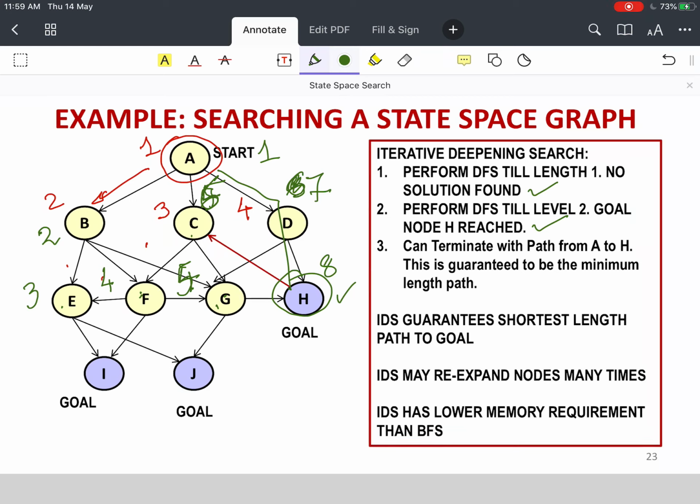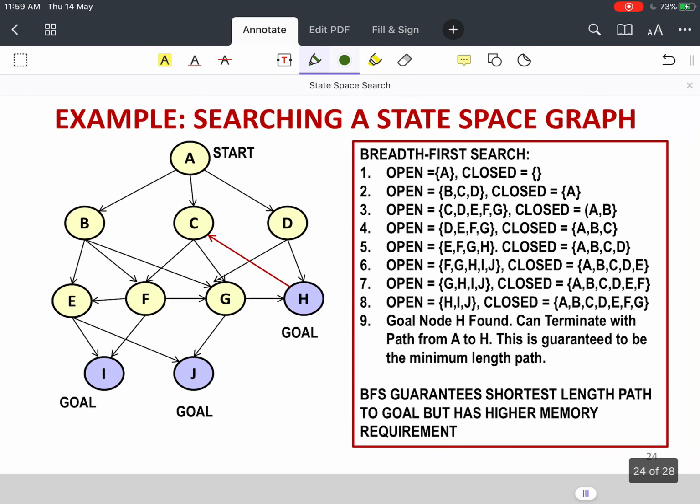This is guaranteed to find the minimum cost path. While it may re-expand nodes in different iterations, it guarantees the shortest cost path to goal. It has a lower memory requirement than breadth first search and a very similar memory requirement as depth first search.